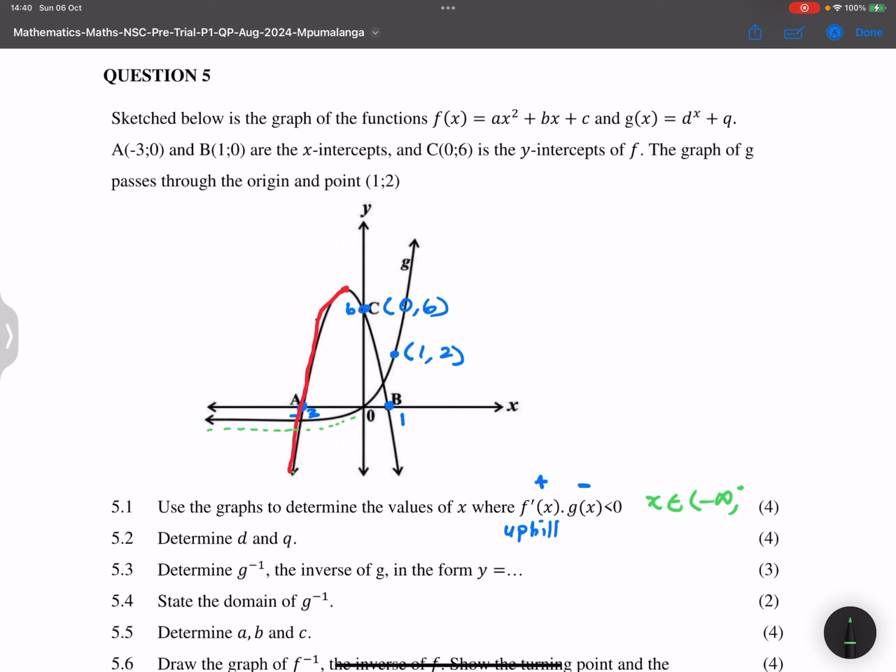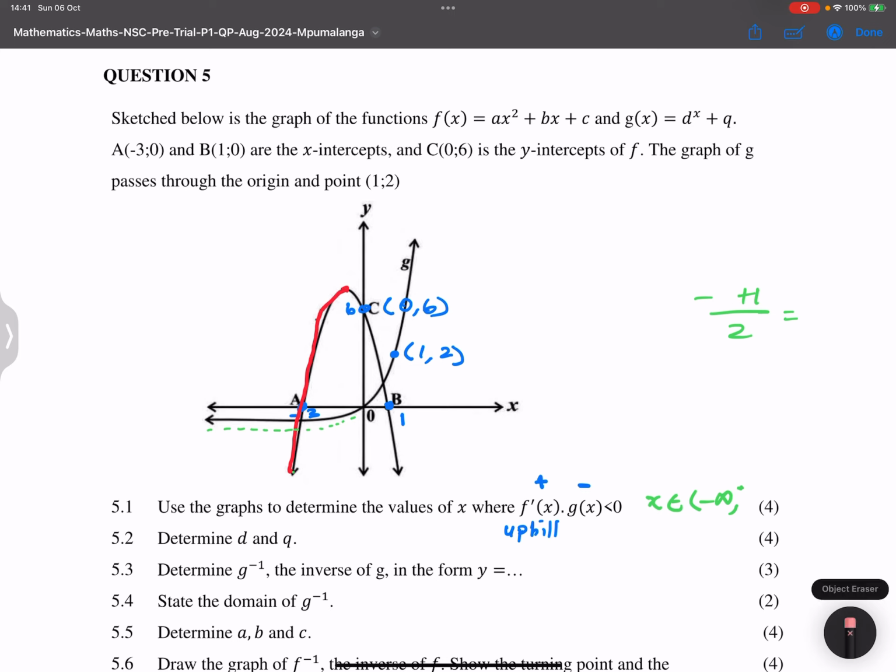Now, what would be our turning point? It would be the midpoint between the two x-intercepts, right? So that's -2 plus 1 over 2. That would be our turning point. So that would be -1 over 2, right? Actually, I made a mistake there.